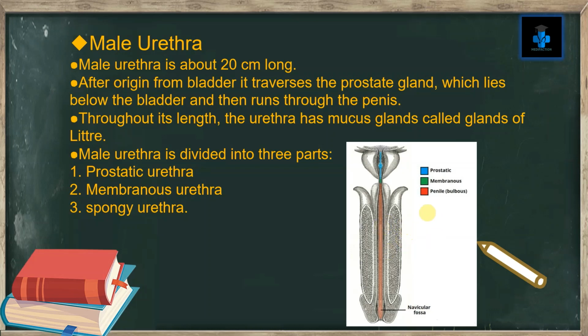Number one is the prostatic urethra, which can be seen here colored in blue. Then there is the membranous urethra just below, which is small in length. Then there is the spongy urethra, which can be identified in red color, and this spongy urethra is also called penile urethra.